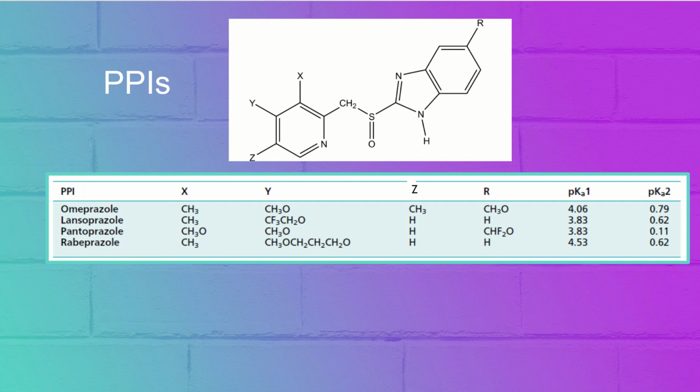So as we said, they vary from drug to drug or PPI to PPI. So the X, most often is methyl. There's a methoxy there. There are a couple methoxys for the Y, or O-methyl, etc. For the Z, it's mostly H's, and then R, you have other functionalities as well. So we have pKa1 and pKa2 seen here.